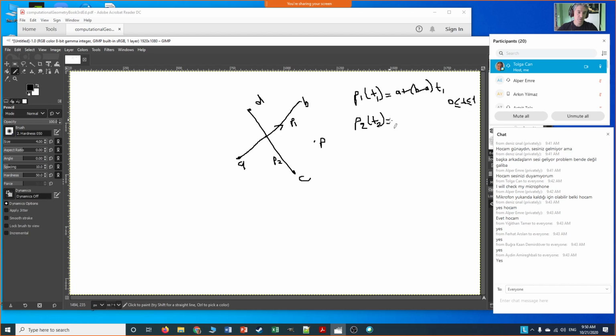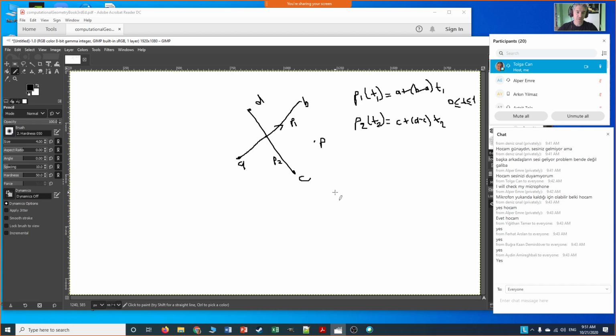P2 simply is going to be, we can start from C and go towards D, so our direction will be D minus C, times T2. This one is the second parametric equation. In order to find the intersection point, all we need to do is find a point in which these two, P1 and P2, are equal to each other. That's the intersection point. Therefore, we need to equate these two equations.